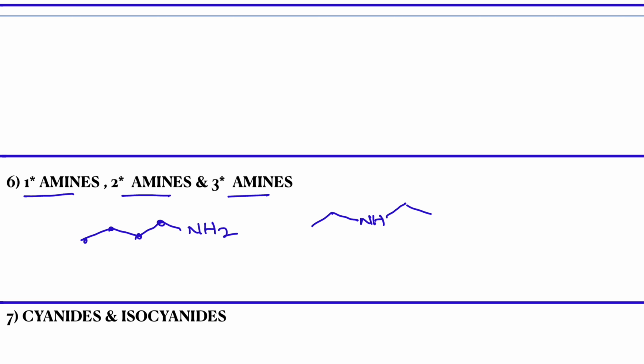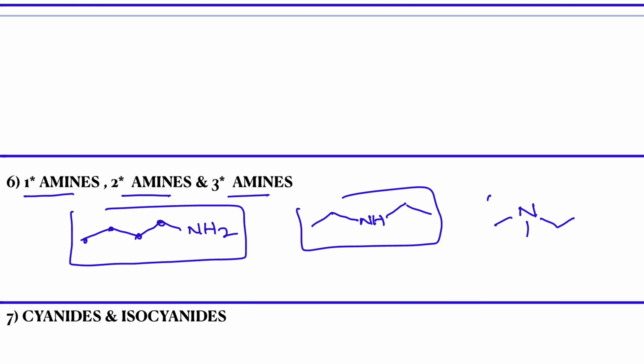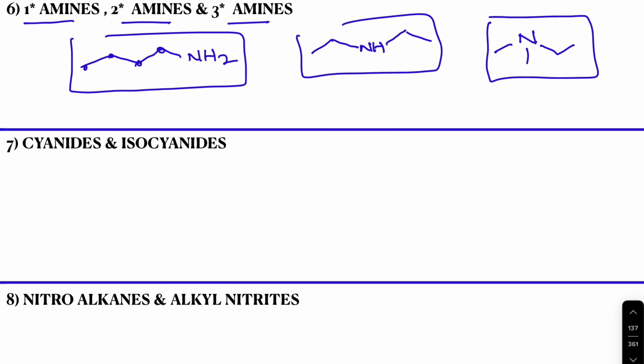Unnecessarily don't count the number of hydrogens. Next I am writing a tertiary amine. So here primary amines, secondary amines and tertiary amines, which have the same molecular formula, are said to be functional group isomers. 1 degree amines, 2 degree amines and 3 degree amines are functional group isomers.